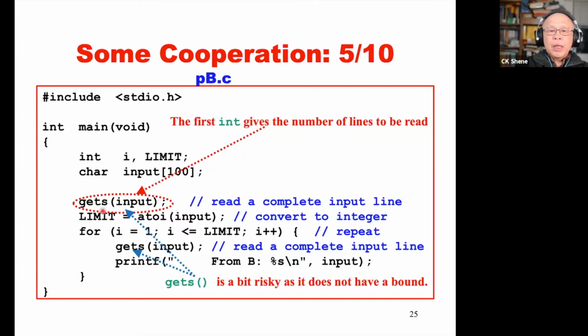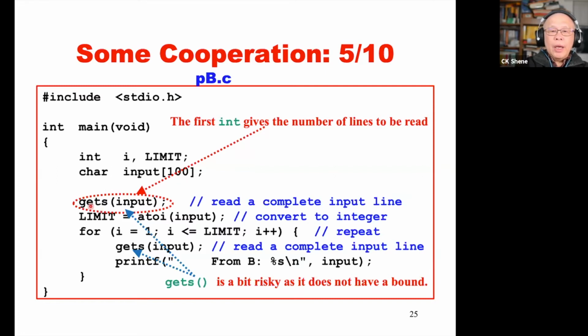Now we use gets. This gets function is in the very old standard, the so-called K&R, the Kernighan and Ritchie book. I use it here as an example to encourage you not to use it because it has some security consequences. Anyway, let's assume that is okay.